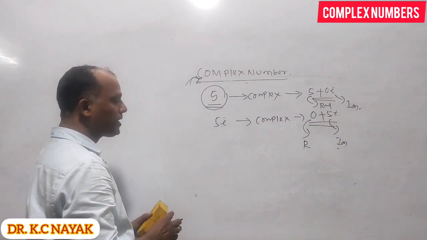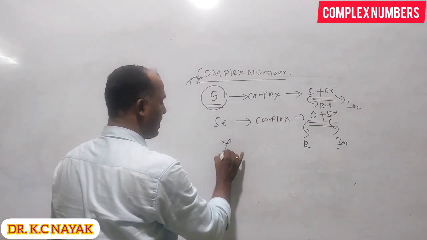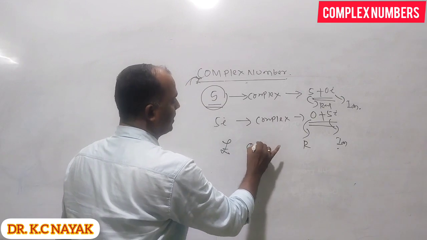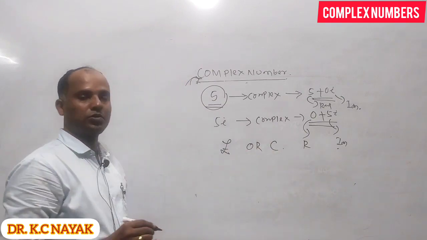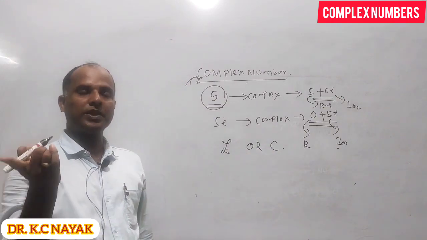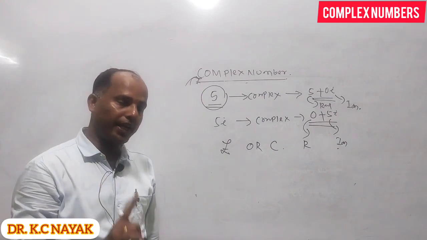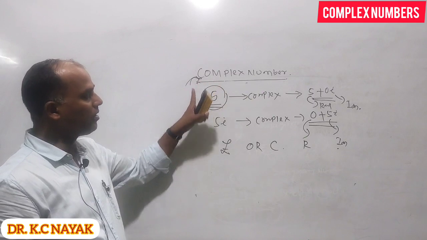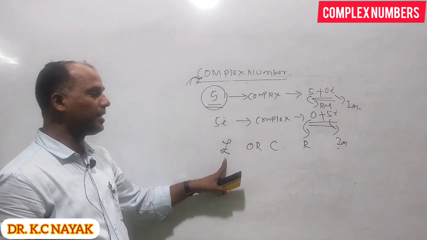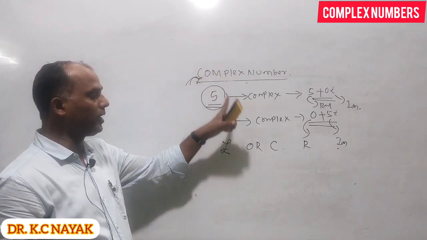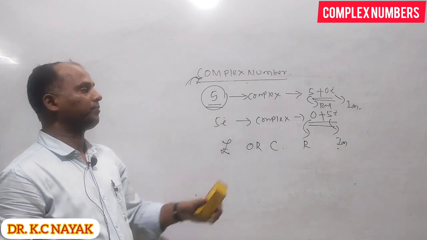A complex number is always represented by Z or C. Just as a real number is represented by R and a natural number by N, a complex number is always represented by Z or C.